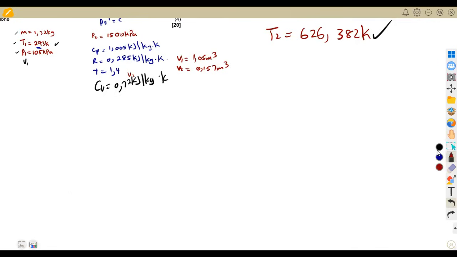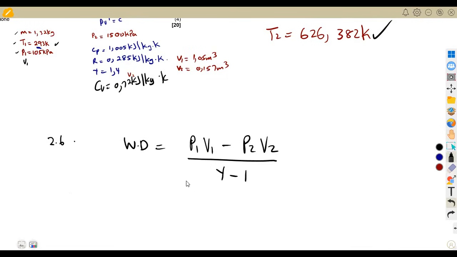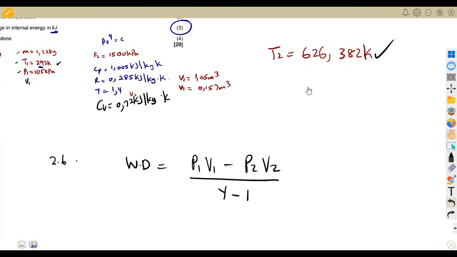That is the formula I'm going to take because I have P1, V1, P2, and V2. I have everything in this case.